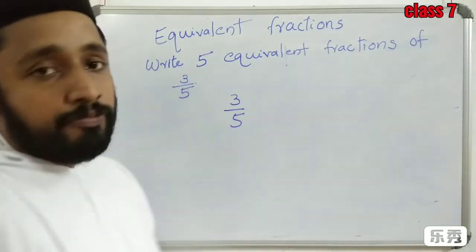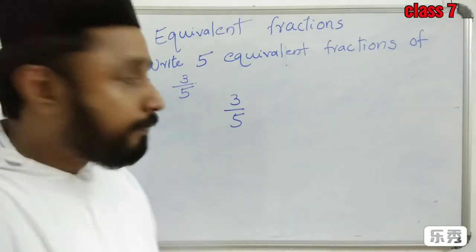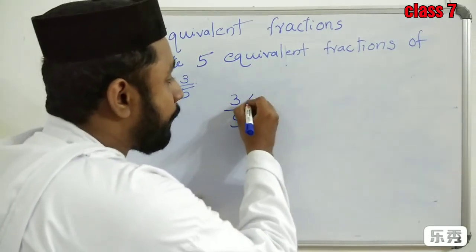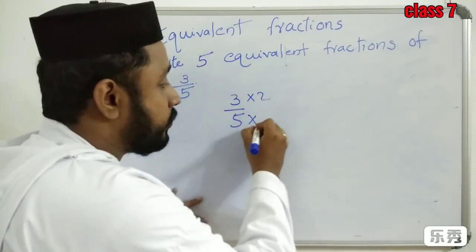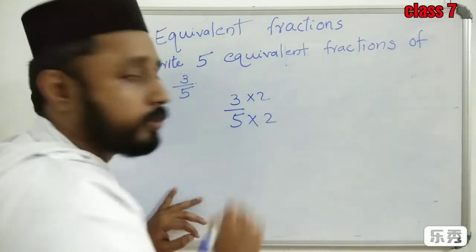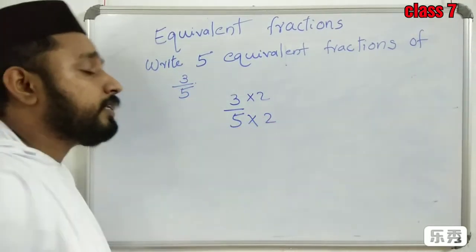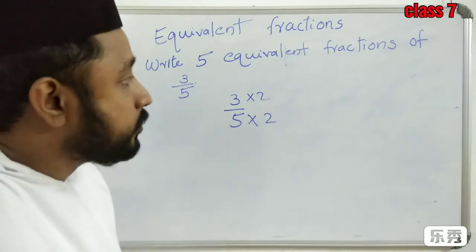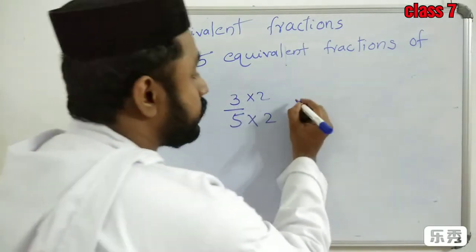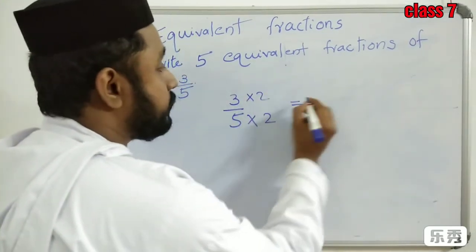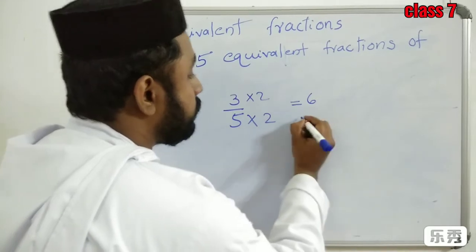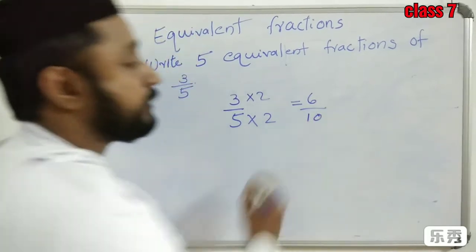Here 3 by 5. I am going to multiply the numerator and denominator by 2. We have to multiply the numerator and we have to also multiply the denominator. So multiply with 2 means 3 into 2, 6. 5 into 2, 10. So 6 by 10.